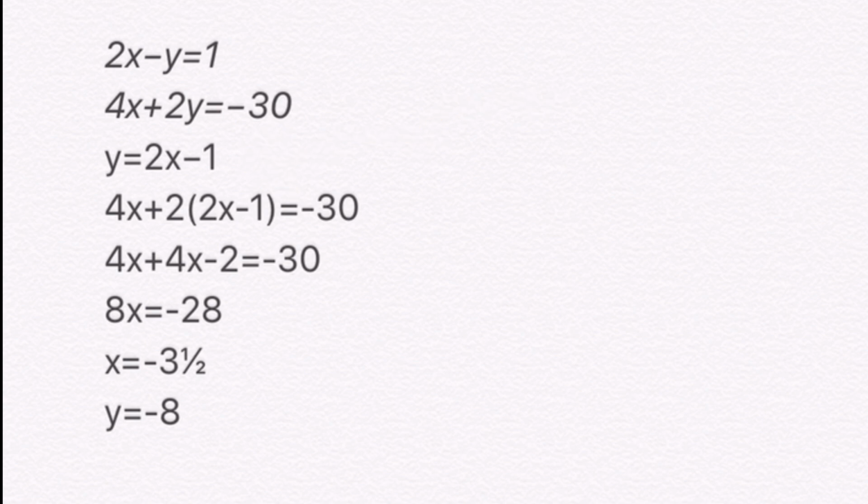And then we'll just have to substitute this into the second equation. So we get 4x + 2(2x - 1) = -30. And then we'll just have to solve the equation, and we get that x = -3.5. Then we'll just have to substitute the value of x into the original equation. And then we'll get that y = -8.